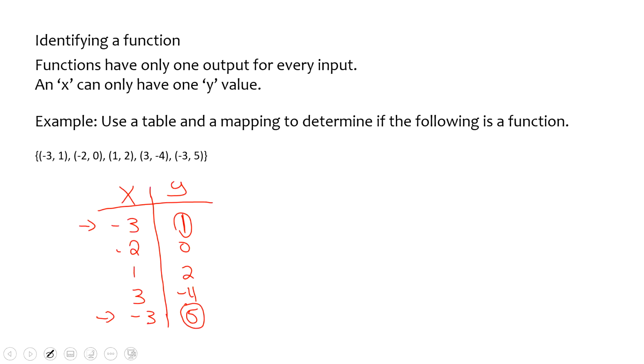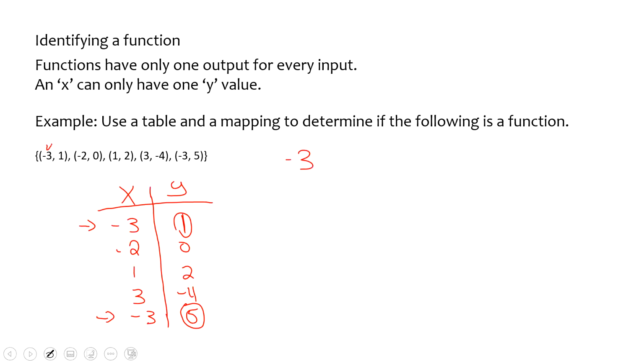Mapping diagrams are a little trickier because what you need to do is list the values from lowest to highest, is what I try to do. So in my example here, you list every x only once. So I'm going to start off with my mapping here. I have -3. I'll put a check mark over the -3.